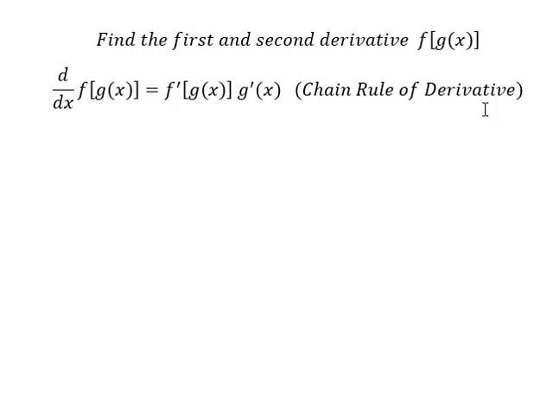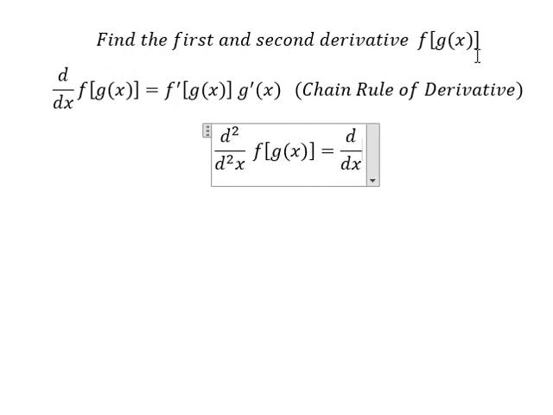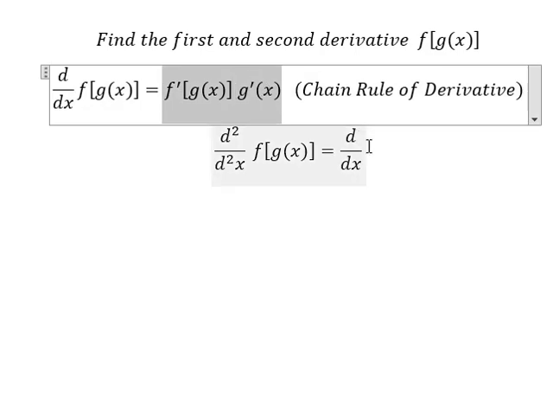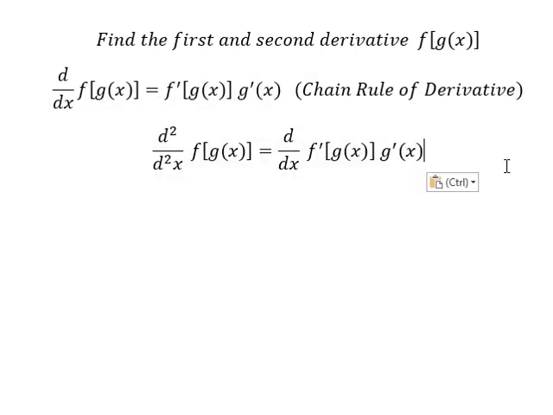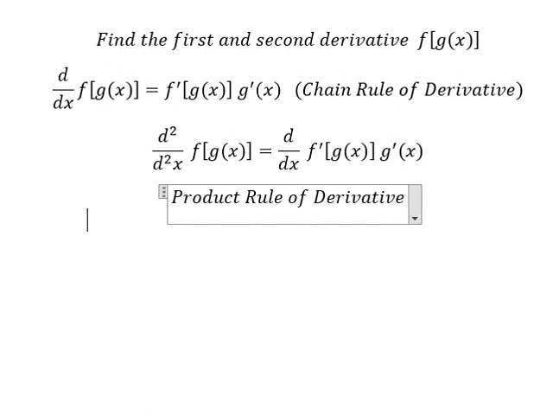Now if we go to the second derivative of this one, it equals the first derivative of this one. So in this situation, we can use the product rule of derivative.